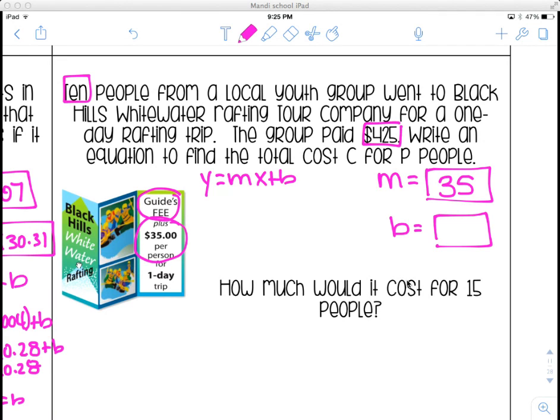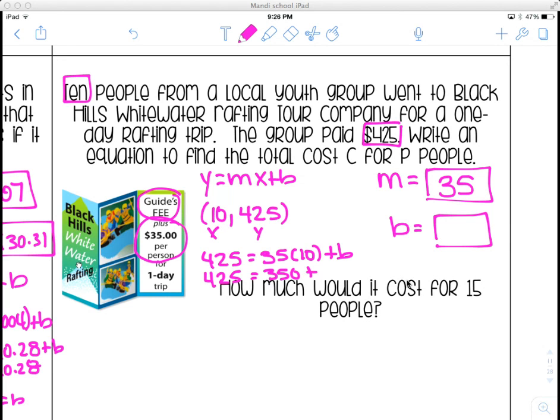It also gives us a point. For 10 people, it costs $425. So there's an x and there's a y. So 425 equals 35 times 10 plus b. So 425 equals 350 plus b.